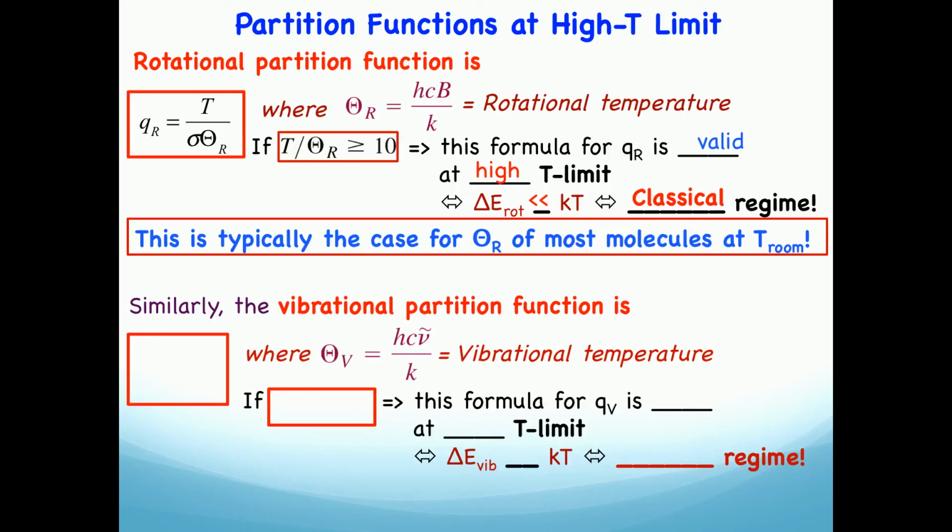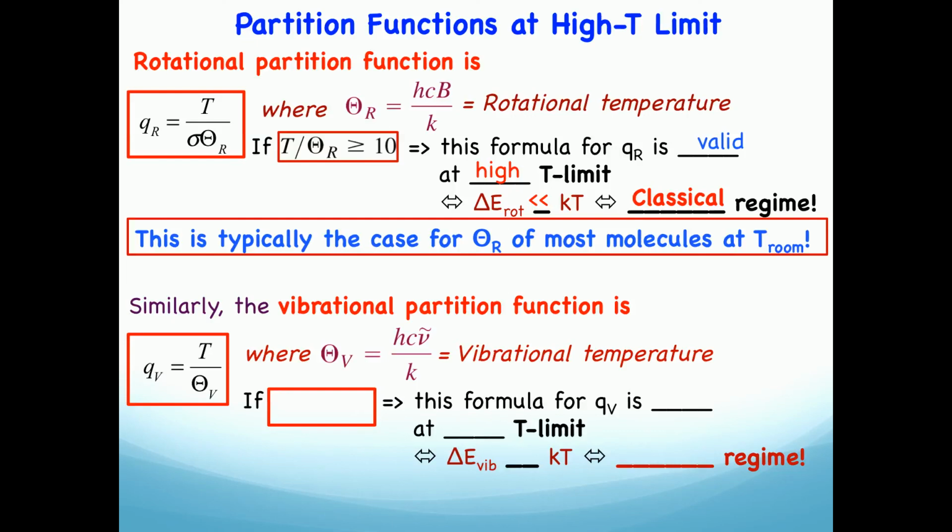In the same way, we already showed that the vibrational partition function can also be represented by this formula at the high temperature limit, right? Where Q_V, theta_V is the vibrational temperature, defined as hc nu tilde over k. And again, all these are in standard units.